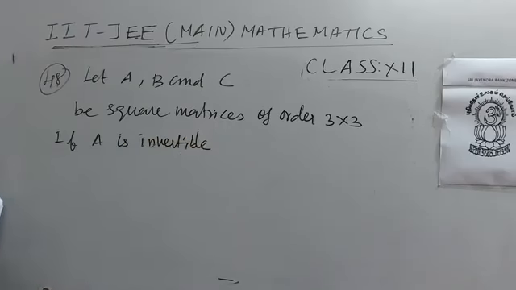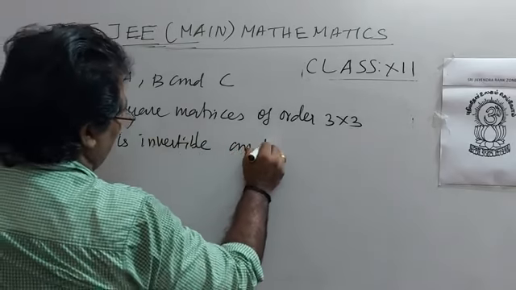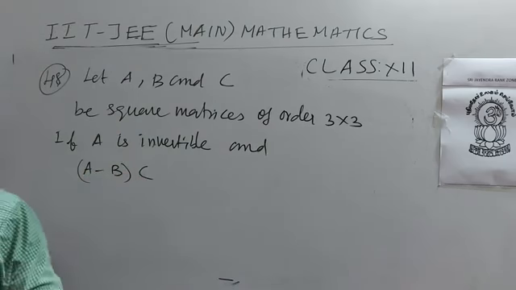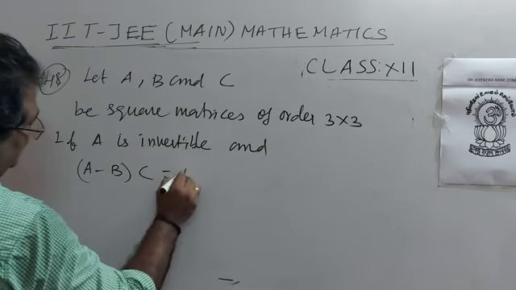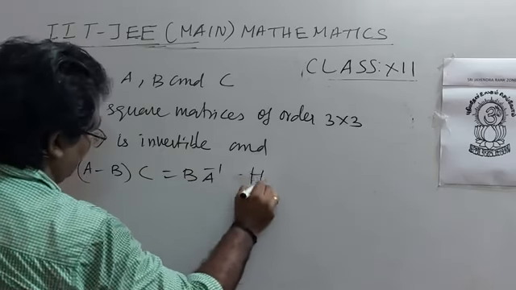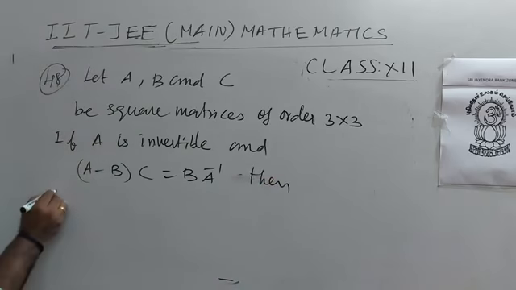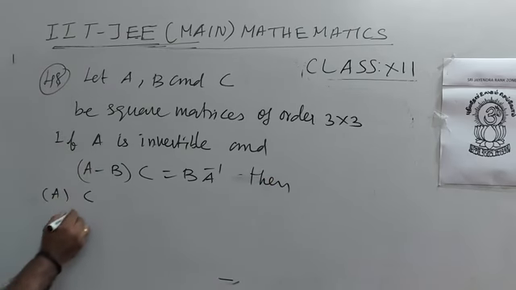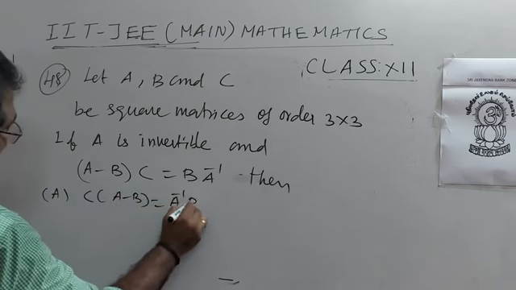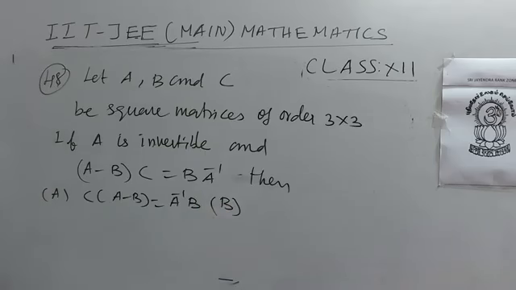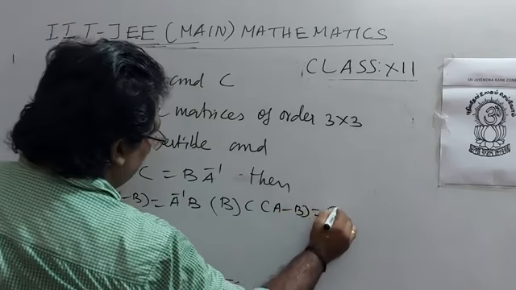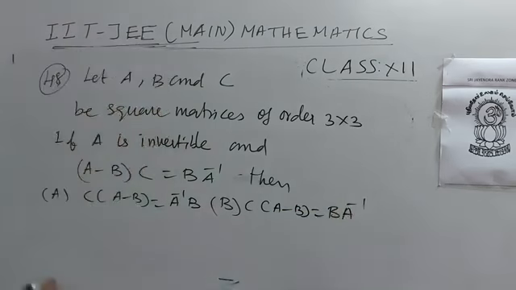If A is invertible and (A minus B) into C equals B into A inverse, then: option A, C into (A minus B) equals A inverse into B. Option B, C into (A minus B) equals B A inverse.